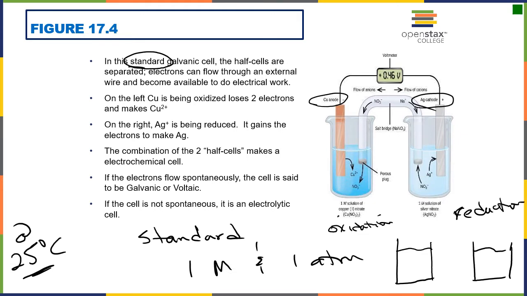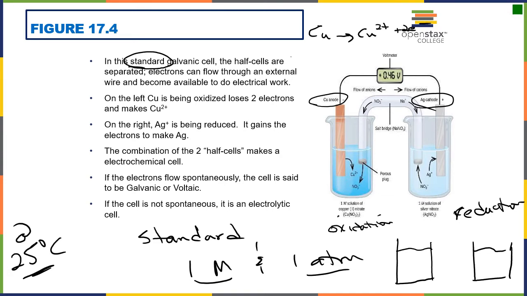And since we're working at standard state, 1 atm and 1 molar, we're going to have 2 reactions, and we're going to break these into half reactions. So on the left, in our half reaction, we have copper losing electrons to make copper 2+. That's going to be -2 electrons.